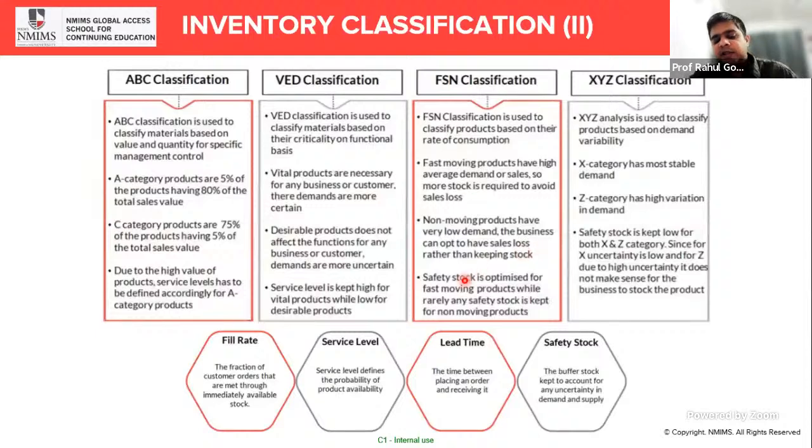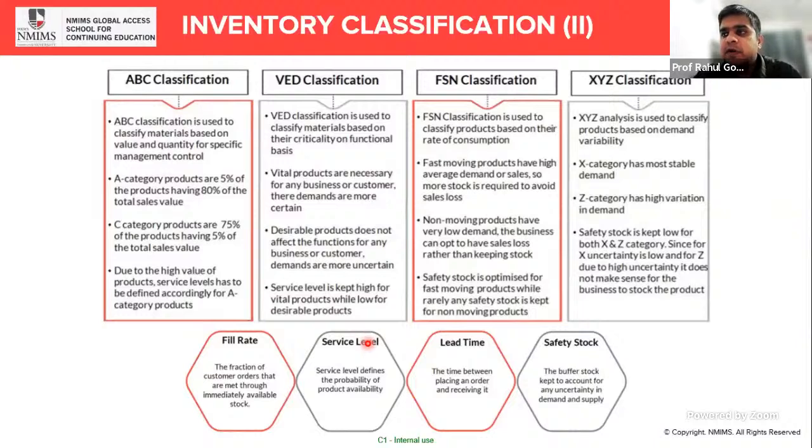Okay, so what we had seen last time is that all of these classifications really help you take certain actions, certain calls. These calls are around safety stock, how much safety stock you want to keep. You will also take certain calls on how much service level you want to offer to your customer. So let's see this.